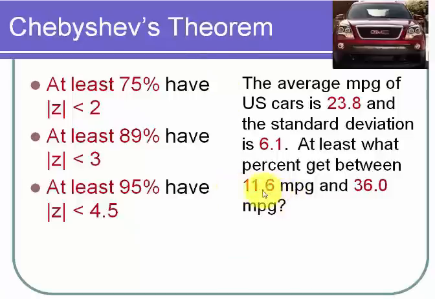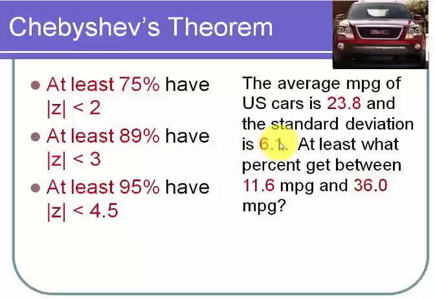So we can say that 11.6 is 2 standard deviations below 23.8. Notice that twice 6.1 is 12.2, and 23.8 minus 12.2 is 11.6. And 23.8 plus 12.2 is 36.0.